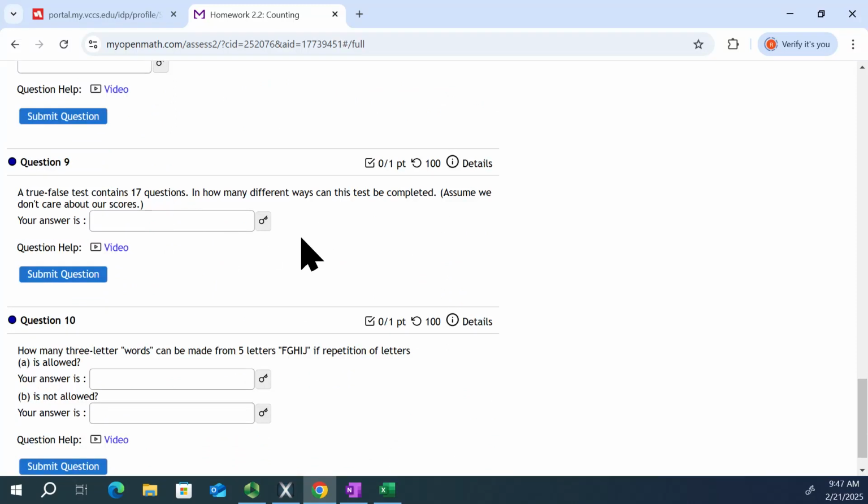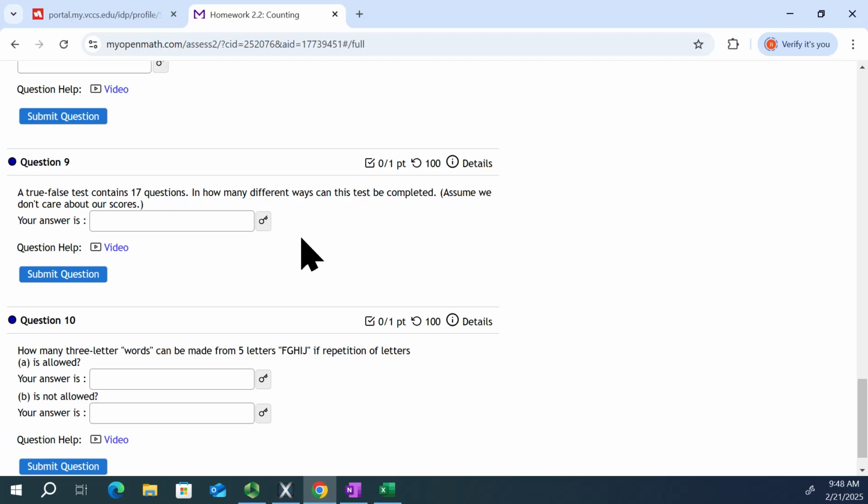Here's another kind of counting. A true-false test contains 17 questions. How many different ways can this test be completed? How many choices do you have on a single question? 2. How many times can you do that? 17 times.